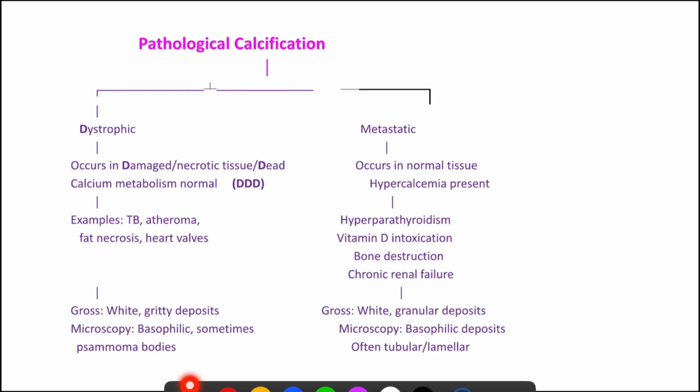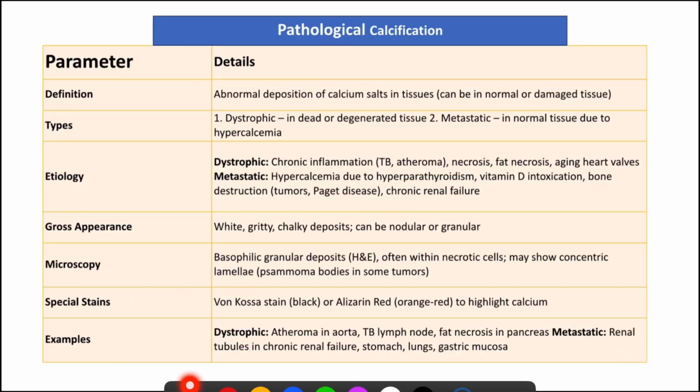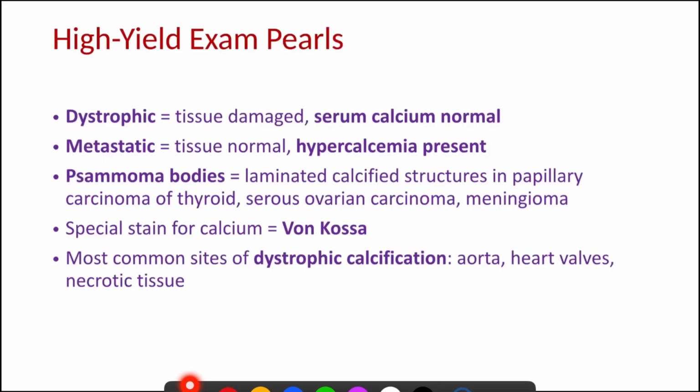Pathological calcification. Here, whenever you write, you should write what is asked first, and if you know extra points, you can add them whenever possible, right? But the exact point in the definition must be there, like dystrophic: here it should be tissue damage and serum calcium normal.